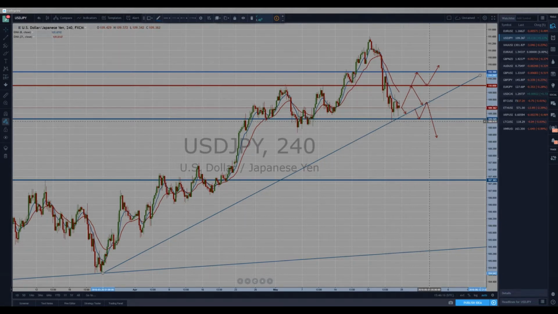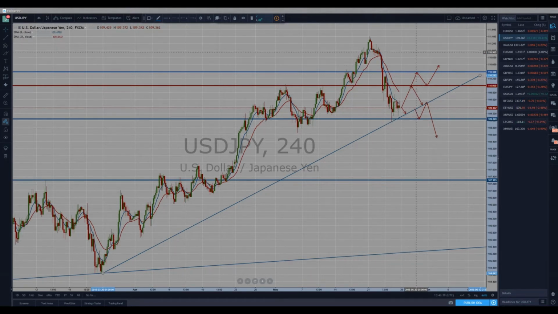However, we can see before last week that this was trending upwards. And so it is still a bullish trend, even though we had bearish momentum coming into the markets last week. This is still bullish overall. The trend is still bullish, and so we're looking for either bullish momentum coming off of this rejection.